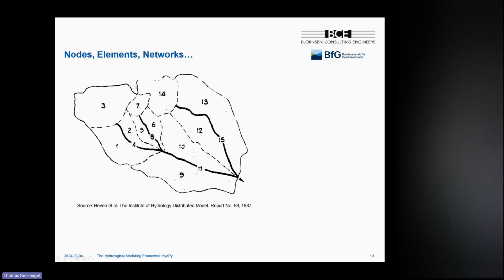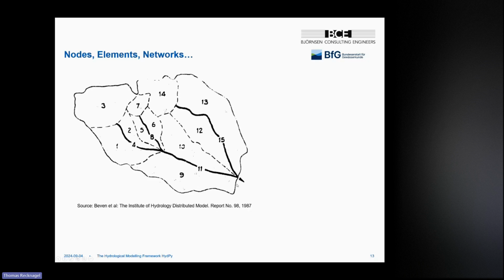First of all, some words about nodes, elements, networks. Normally, you will use HydPy to create distributed hydrological models. That means catchments are subdivided in units like hydrological response units or channels, and you have different models to model these processes.